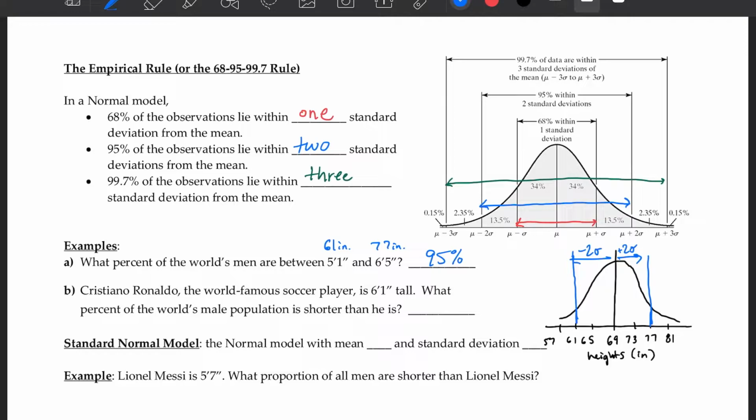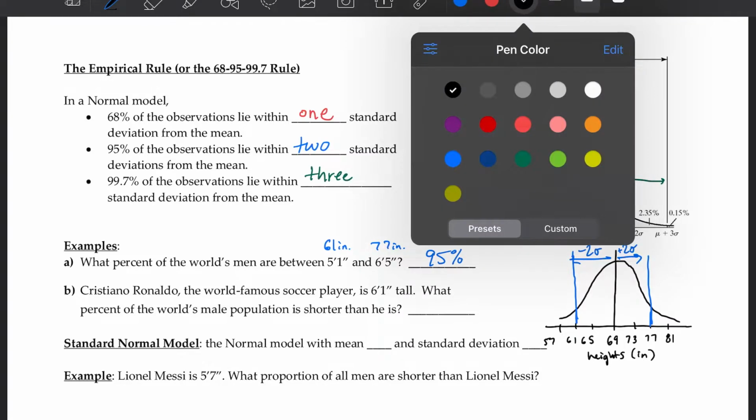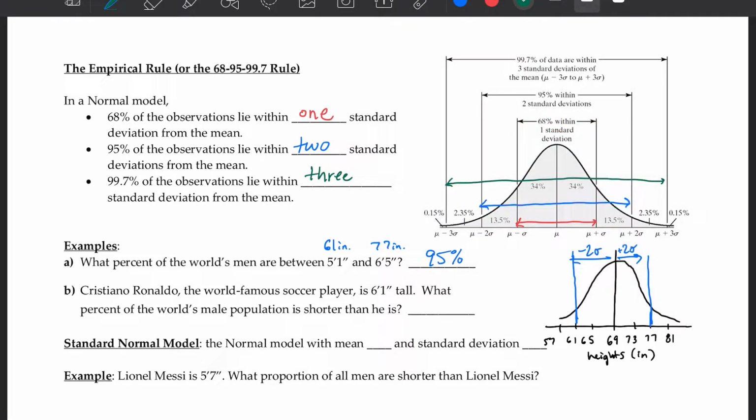How about this next one? Cristiano Ronaldo is 6'1". What percent of the world's population of men is shorter than he is? That's a different question there. All right, well, let's go ahead and figure this out. 6'1", okay, that's going to be 73 inches. And that's right here.